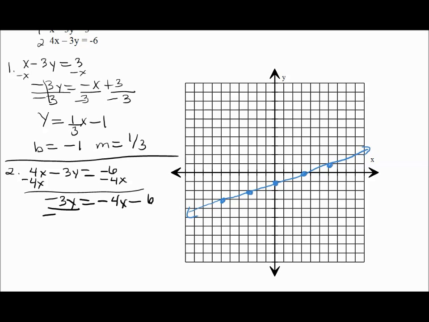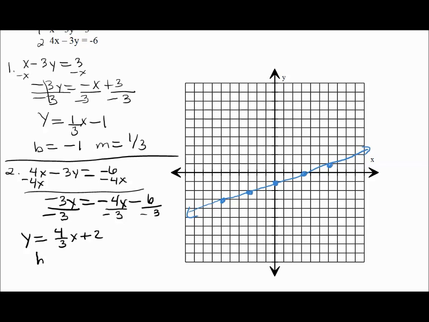Divide everything by negative 3. Now that leaves me with y equals negative 4 divided by negative 3 is a positive 4 over 3. And negative 6 divided by a negative 3 is a positive 2, so plus 2.